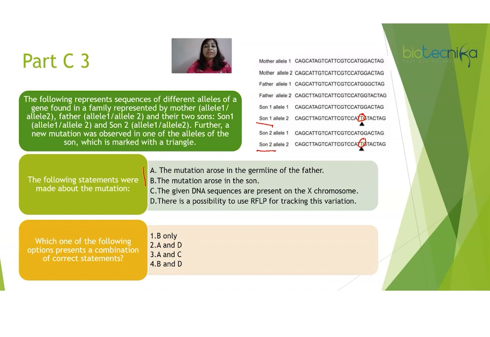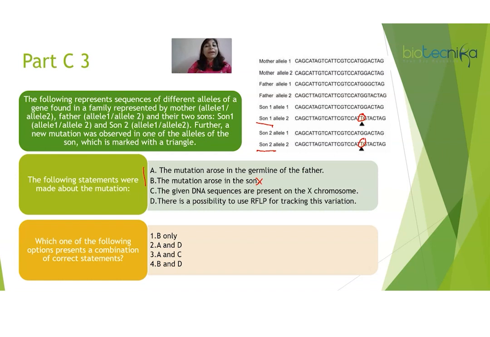Now since they both have the exact same mutation at the same position, it is highly unlikely that they both occurred separately in both the sons. The more probable is that they inherited it from one of the parents. So mutation arose in the son, not possible.